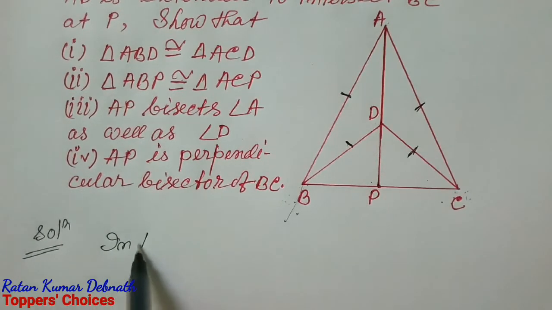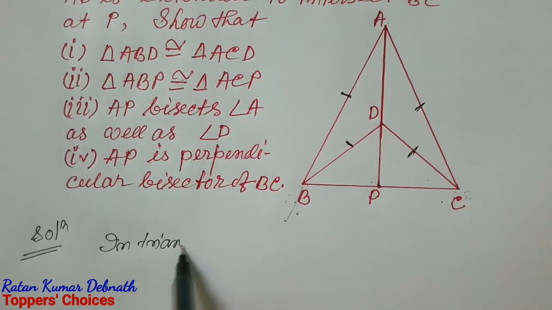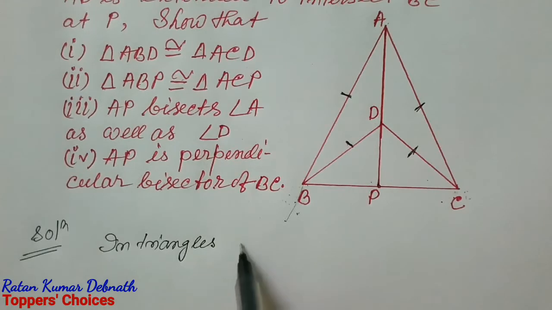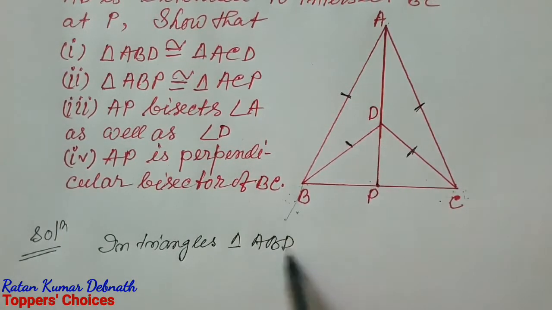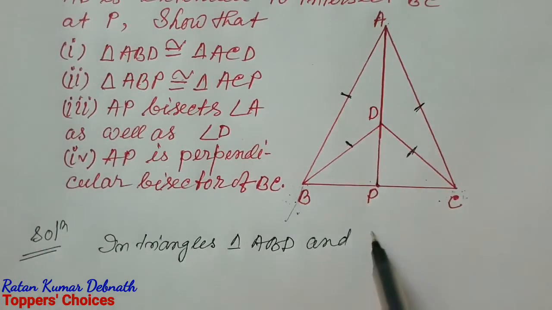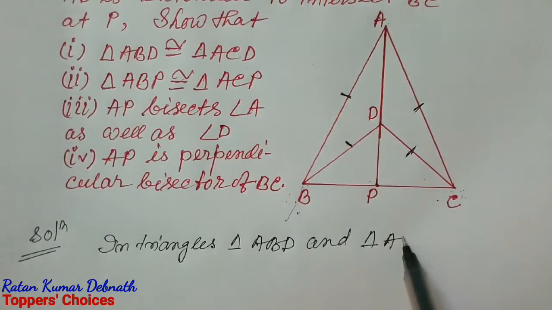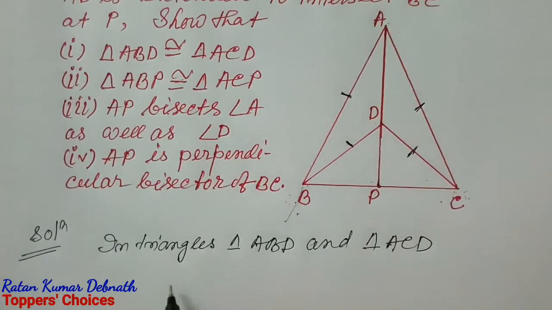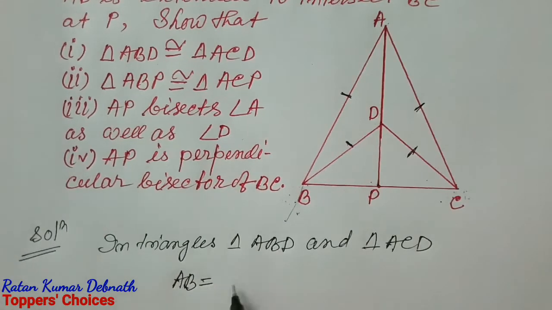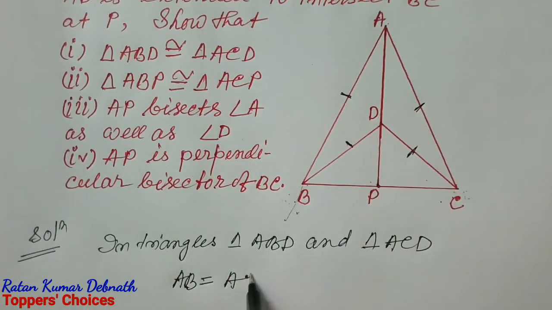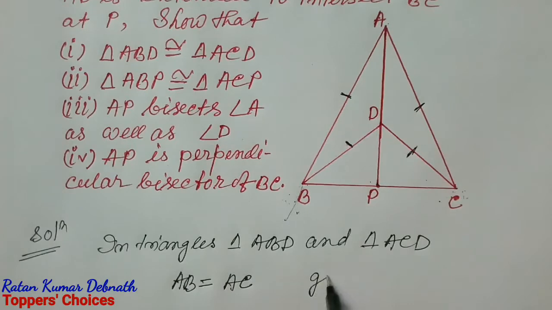In triangles ABD and ACD, we have AB equals to AC, given.